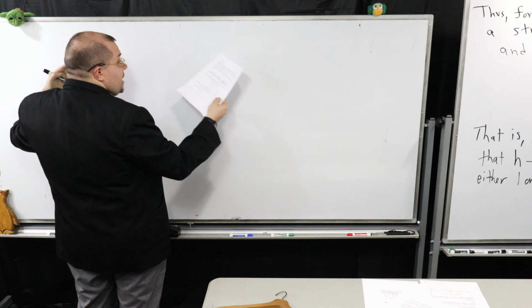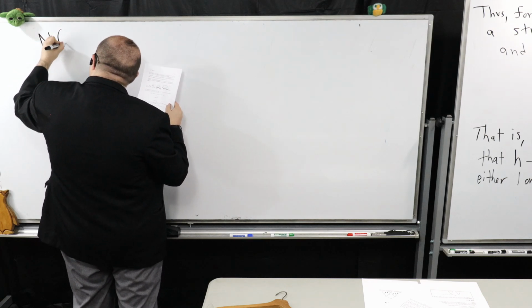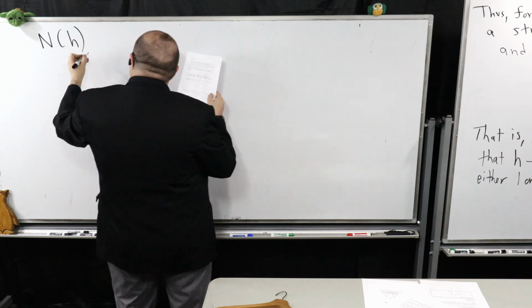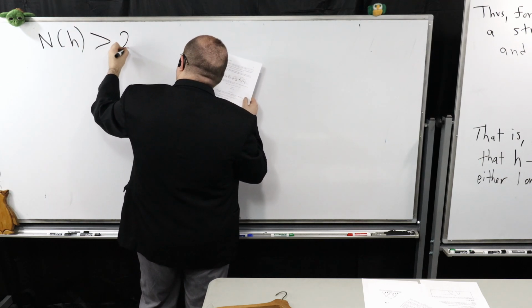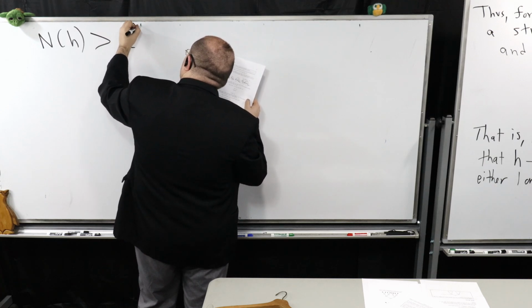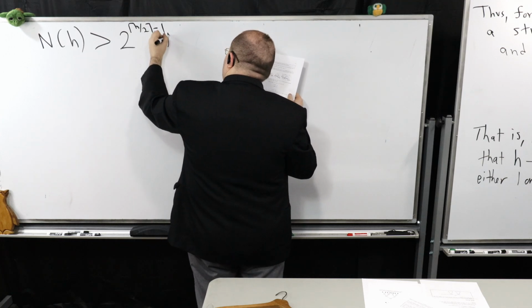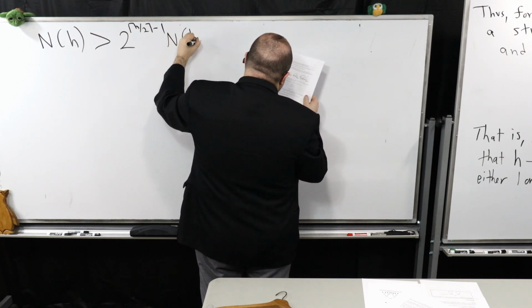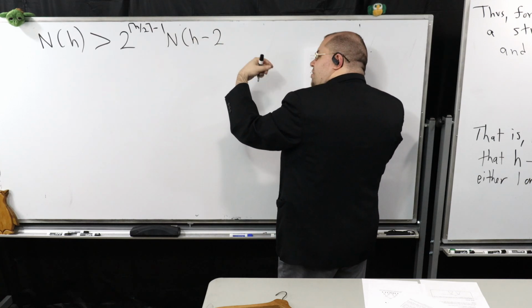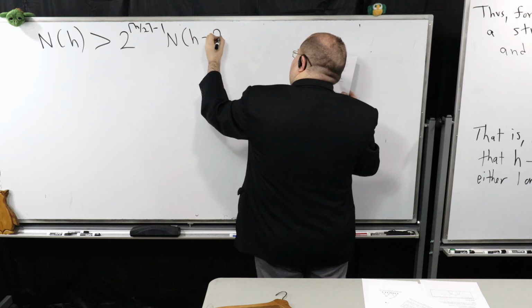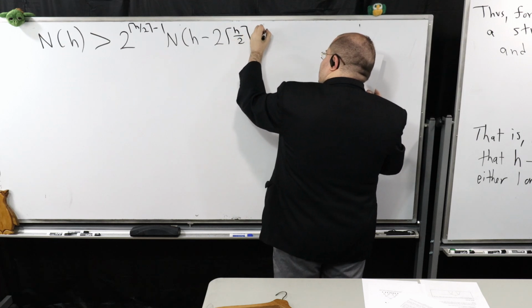So then for h greater or equal to 3, I'm going to apply the relationship I just established here. So I know that n of h is strictly larger than 2 to the power of the ceiling of h over 2, minus 1, times n of h minus 2 times the ceiling of h over 2 minus 1, which is h minus 2 times the ceiling of h over 2, plus 2.